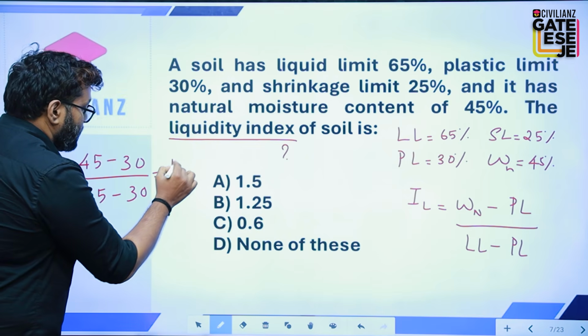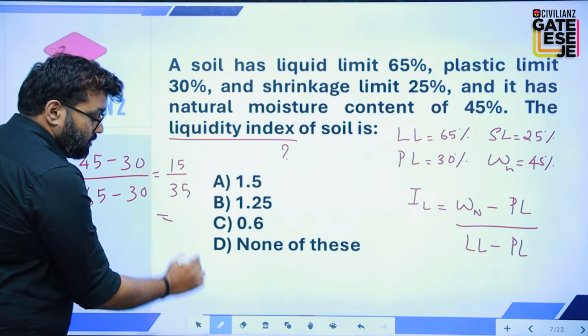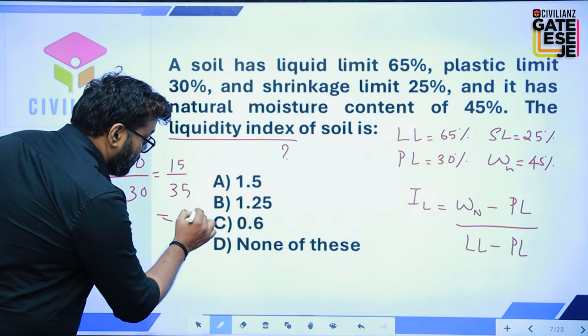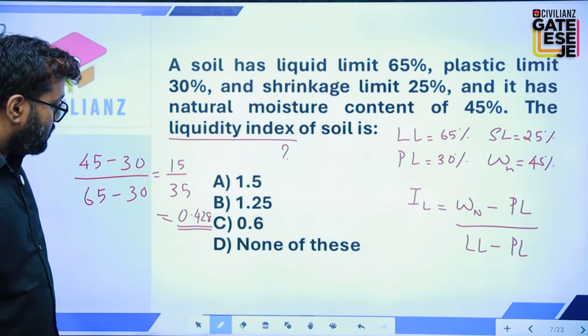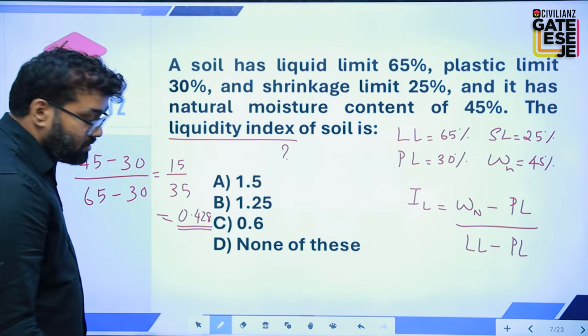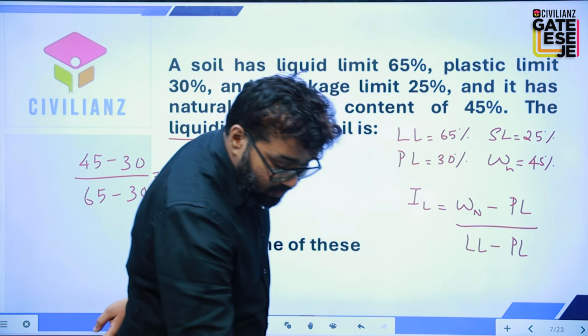So 45 minus 30 is equal to 15, divided by 35. It is equal to 0.428. So the correct answer is none of these. Okay. So next question.